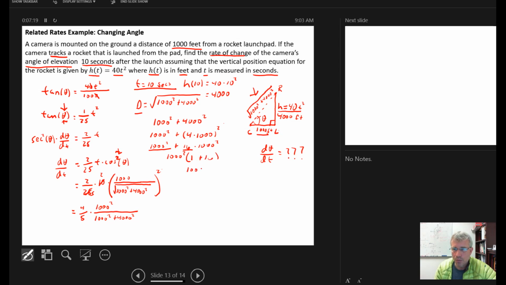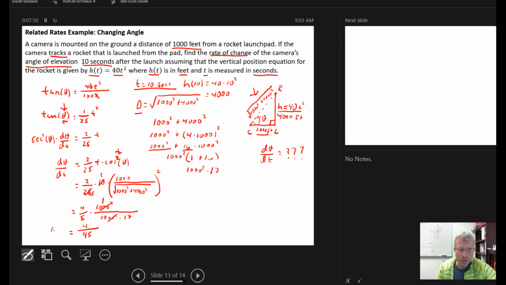So we wind up getting 1,000 squared times 17. So this denominator can be replaced with 1,000 squared times 17, and then we see 1,000 squared divided by 1,000 squared is just equal to 1. So this is going to equal 4 times 1 is 4 over 5 times 17, which is 50 plus 35, it's going to be 4/85.